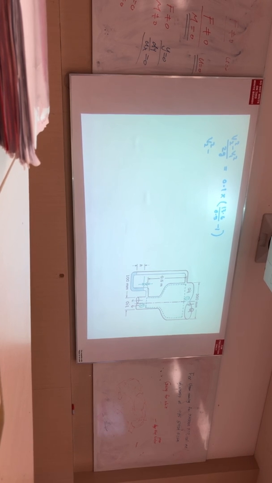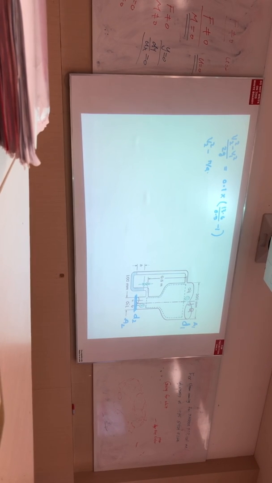Correct. What is V1? Pi by 4 D2, right? This one I say D2, this one D1, right? This is A2, A1.